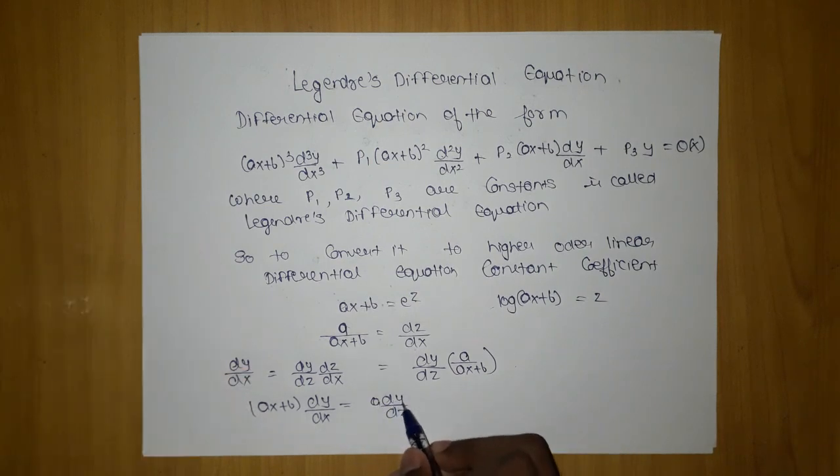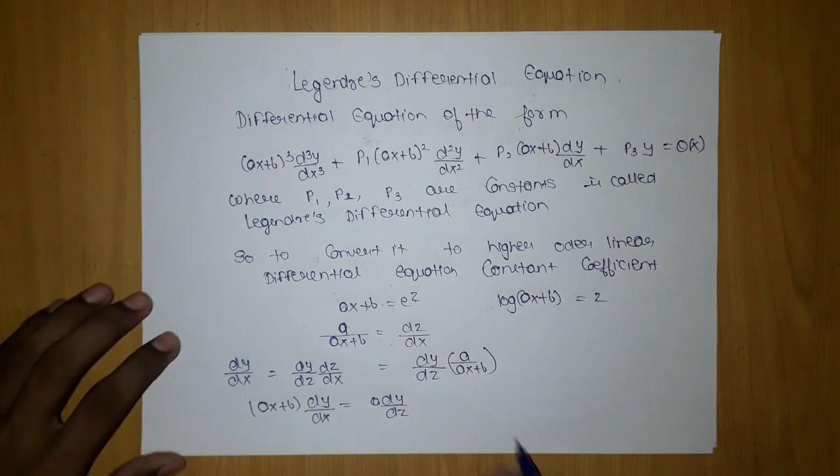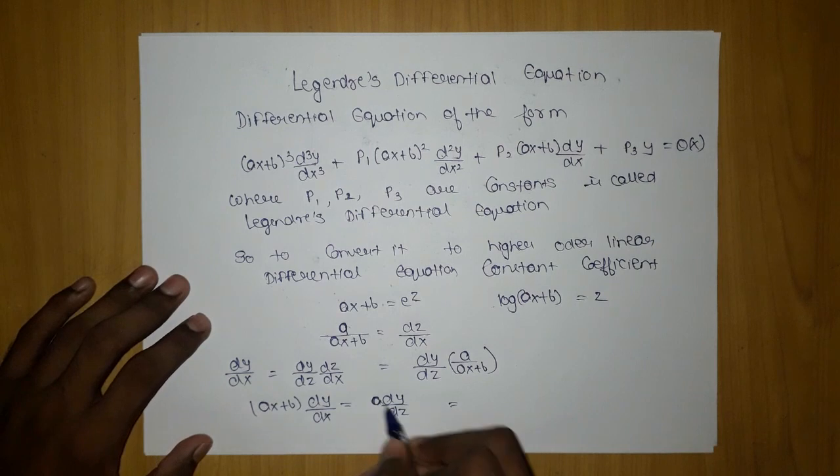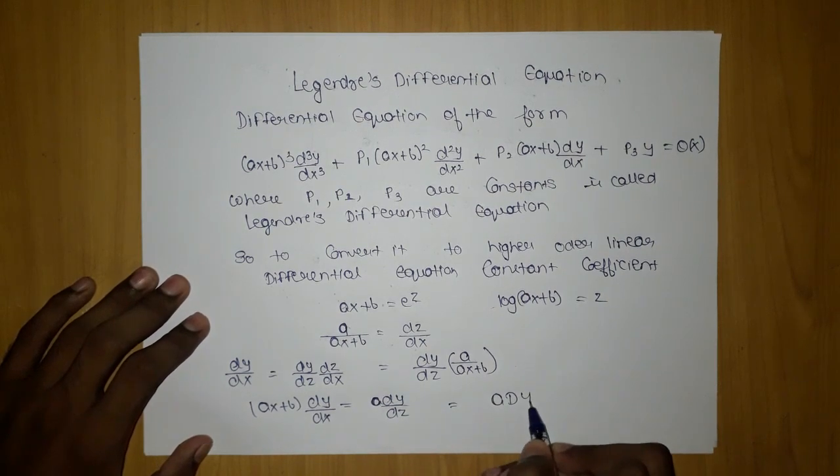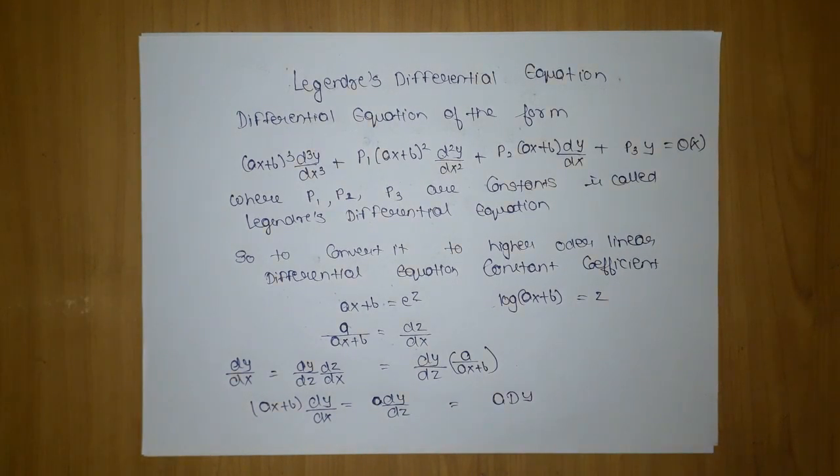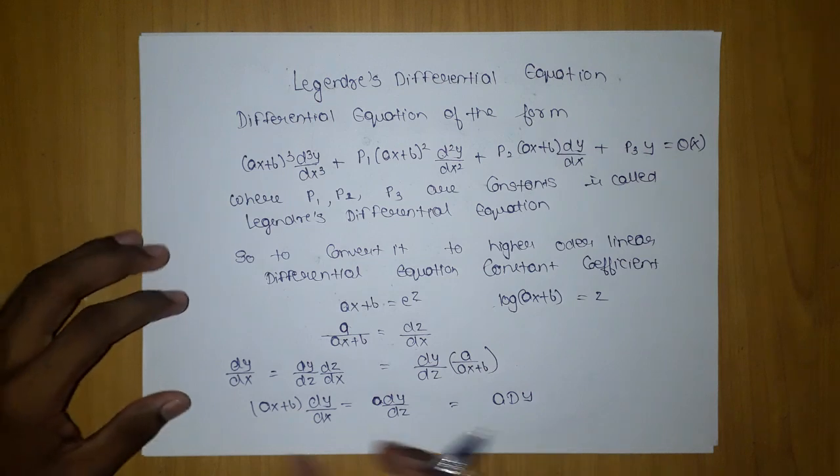Now we will call d/dz as D. In different books they call it by different symbols, but we are going to call it D. So we get aDy.